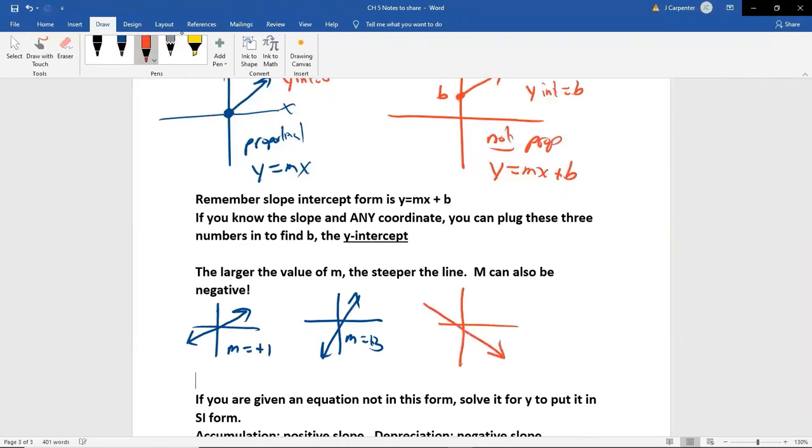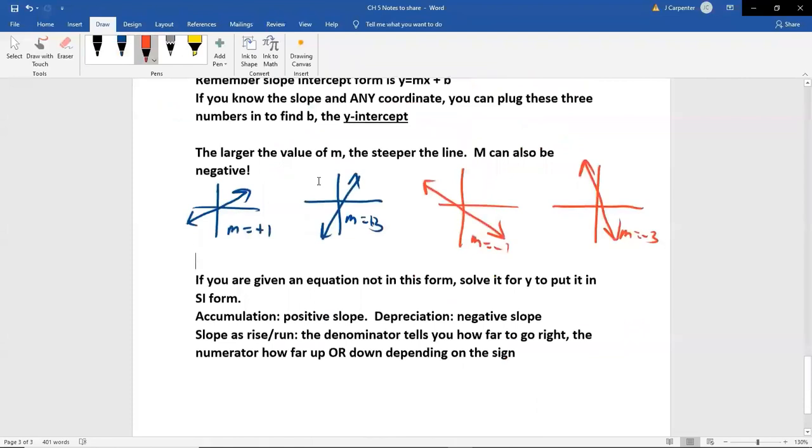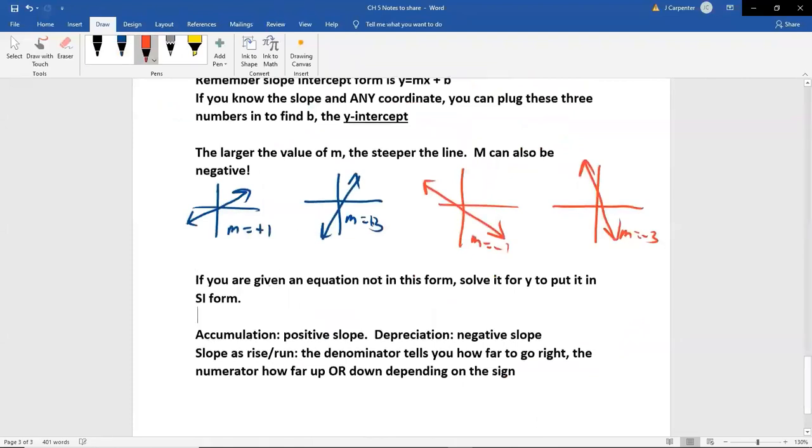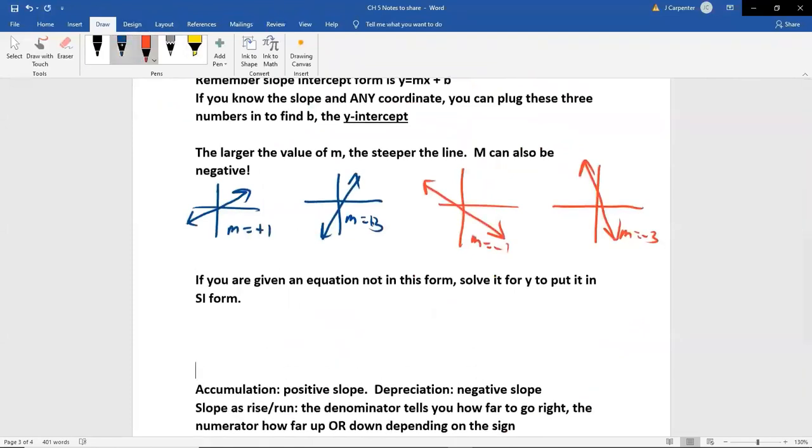This might be a slope of -1. I'm not caring about the intercepts here. But then this steeper line might have a slope of -2 or -3 or -4. I'm just going to go with 3. Again, nothing new there, retreading.